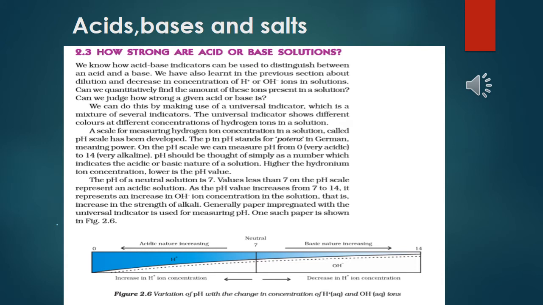One such paper is shown here. You can see this is the pH paper, and the boundary in the middle is 7. It is neutral.